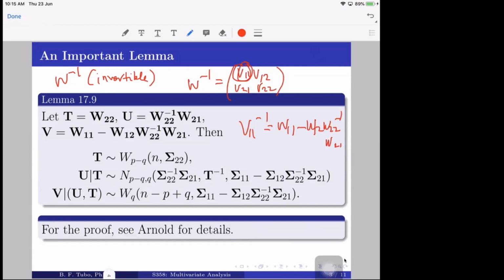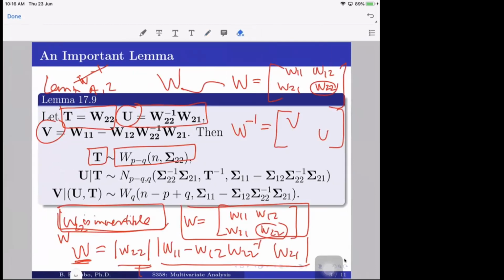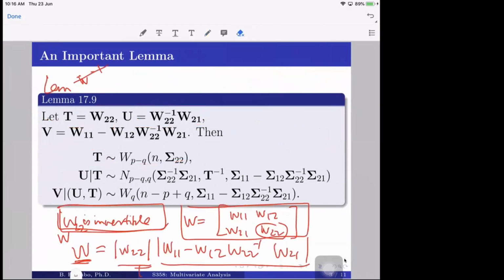One more result about the inverse. Let's have that. So again, our W is of the form W11, 12, 21, and 22.